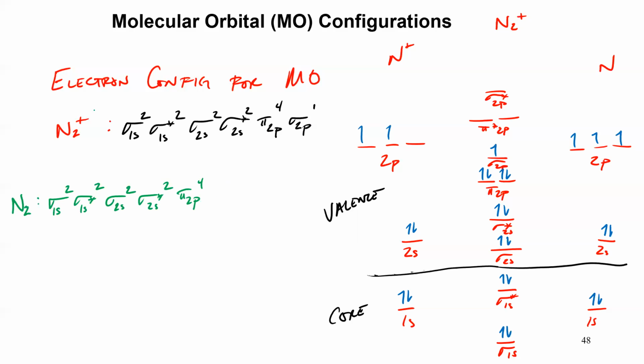And then if we're going from a positive ion to a neutral, we're adding an electron, and so he must be a sigma 2p2, like adding 1 more electron to that highest energy orbital. And so those are the electron configurations when we talk about molecular orbital theory.